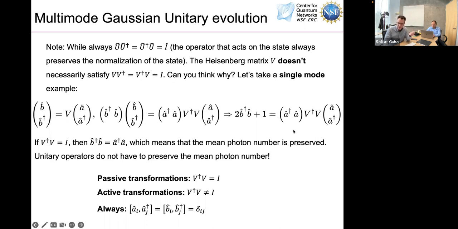So V is unitary if I started with a U which is a passive transformation. Passive means that the transformation preserves the mean photon number. If you start with a unitary U which preserves the mean photon number, then V will be unitary as well. If you start with a unitary Schrödinger U which changes the mean photon number, for example squeezing, as we will see, then the corresponding V is not unitary anymore.